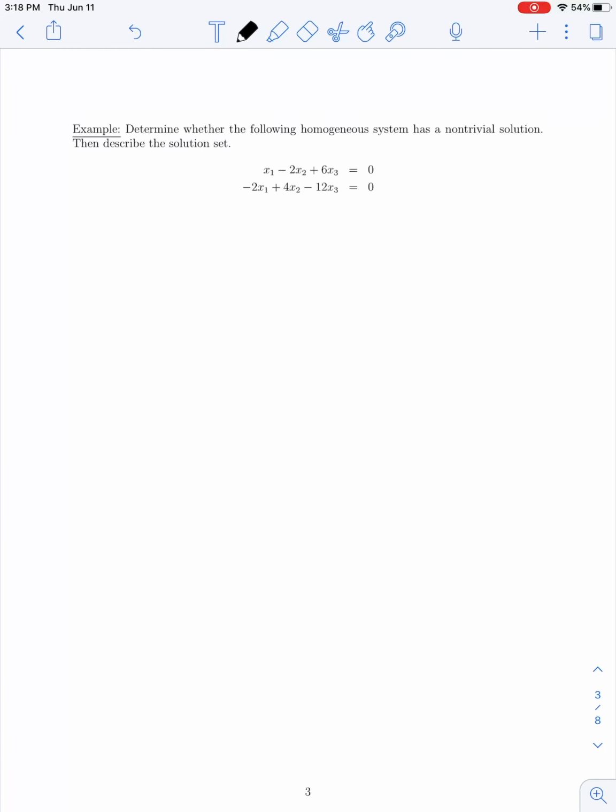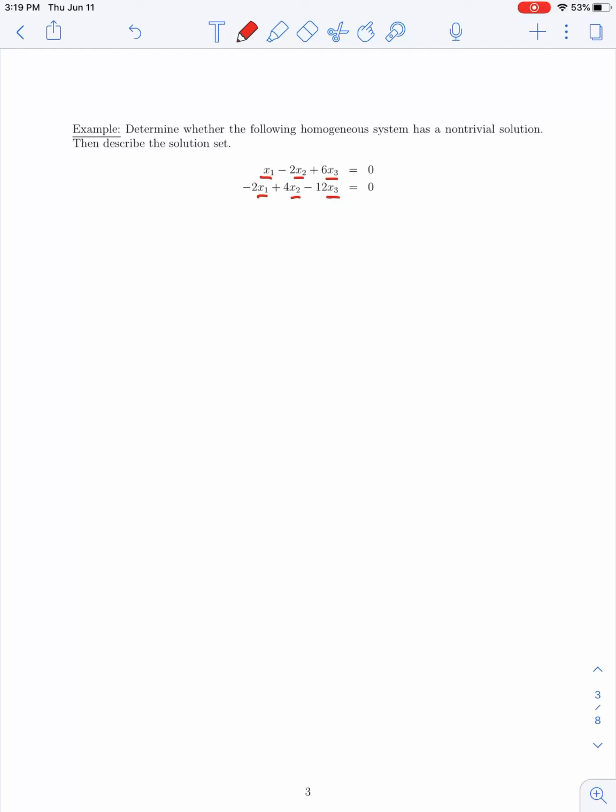All right, so let's look at some other ones. In this next example, we've got the same sort of question. We want to know whether the following homogeneous system has a non-trivial solution, and again, describe our solution set. So here we have a system of two linear equations in terms of three variables, x1, x2, and x3.